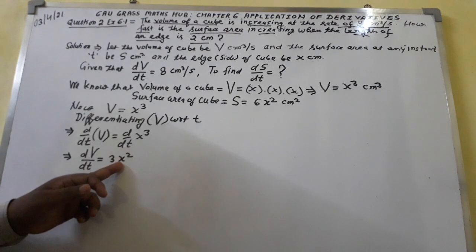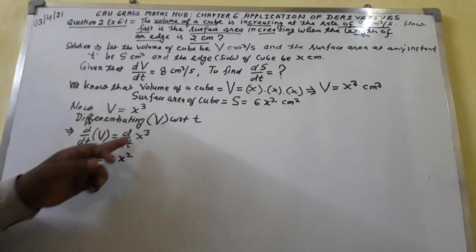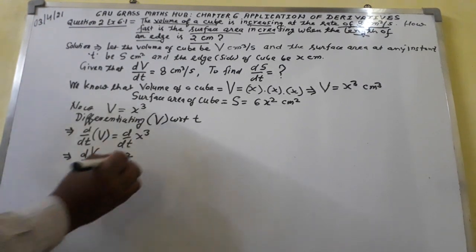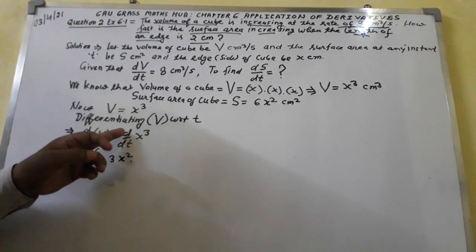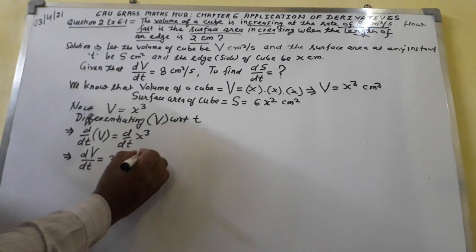In place of t, I shall write x. So you have got 3x square, and dx over dt will be multiplied.